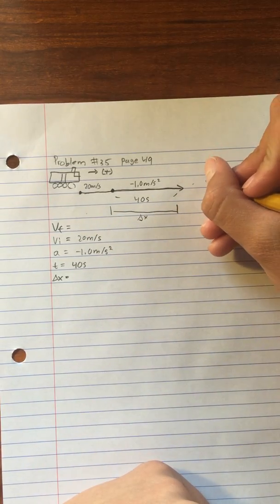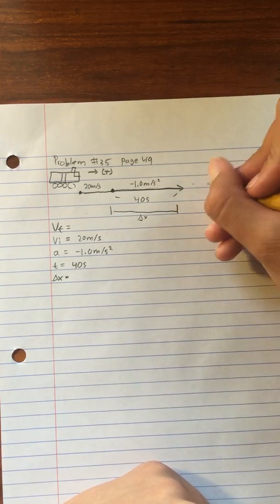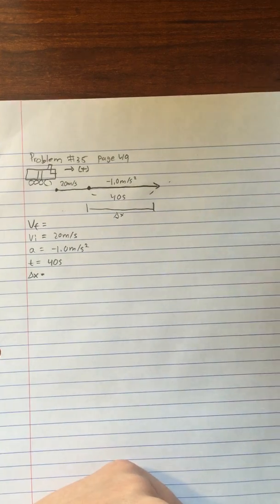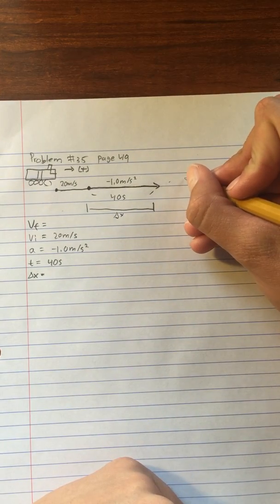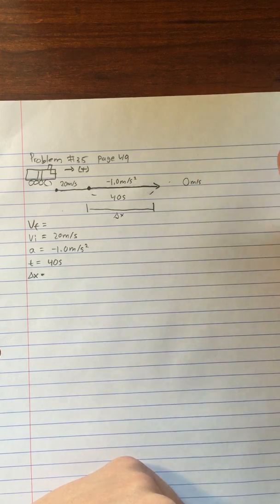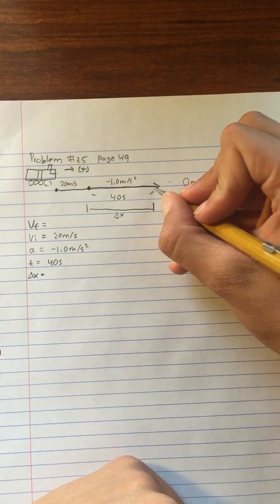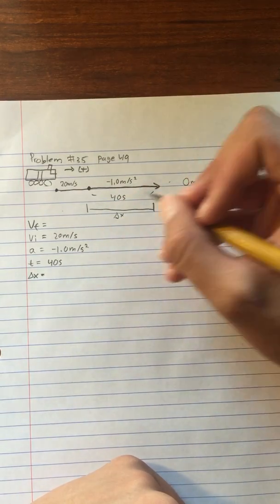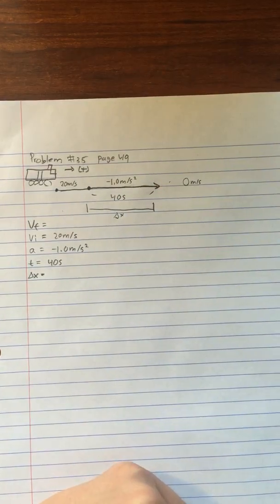So I'm going to test for 0. This is a pretty simple equation that I came up with when I was doing this problem. I want it to end up at 0 meters per second. And if it doesn't equal 0 meters per second, I know that the train did not completely stop during my 40-second interval.